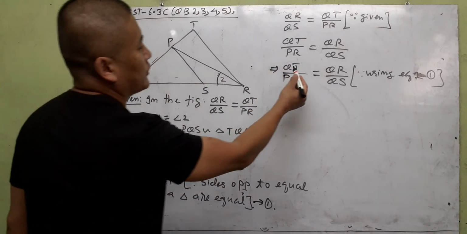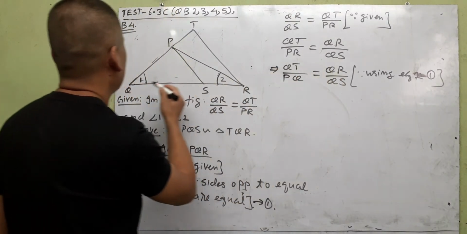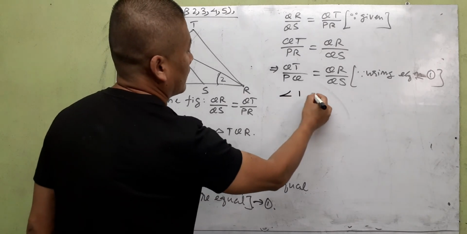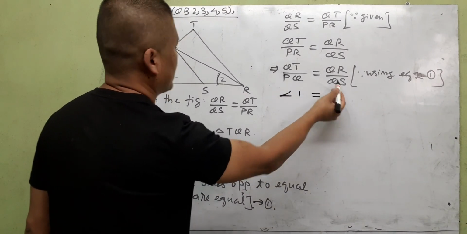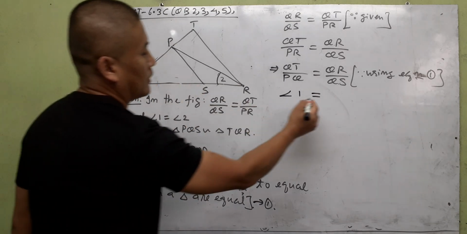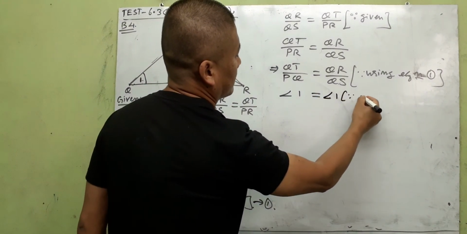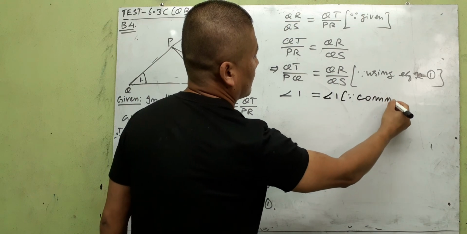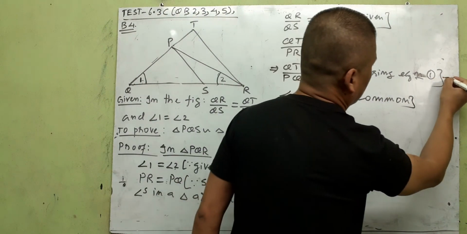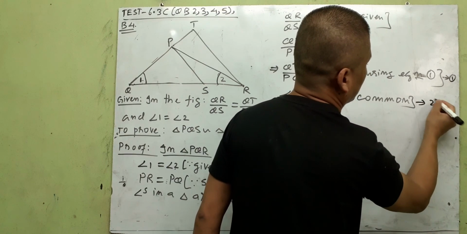Now find the angle between these two sides, QT, QR. QT and QR is angle 1. Then what is the angle between PQ and QS? PQ and QS, same angle. So they are equal because they happen to be the common same angle. So let us put this one as 1 and this one as 2.